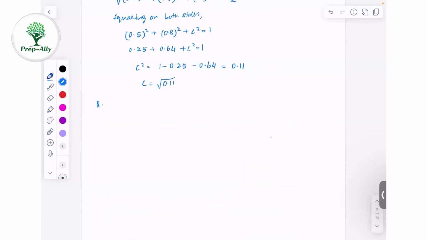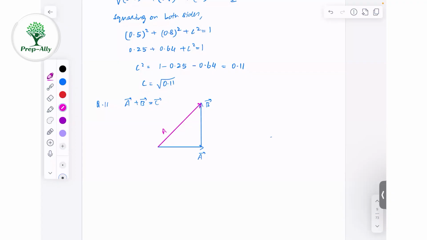So question 11, A bar plus B bar is C bar. So if A bar is something like this and B bar is something like this, then the sum A bar plus B bar would look something like this.